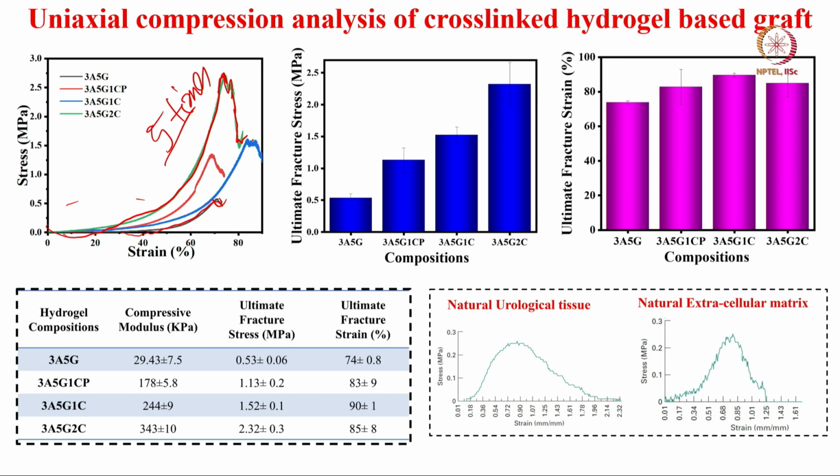In 3A5G 1C, strength increases modestly, like 3 times, 1.5 megapascal, although the strain to failure is a little higher, like 80%, whereas 3A5G 2C reduces to around 70% strain to failure. Normal urological tissue strength can go up to 0.2 megapascal, and natural extracellular matrix, ECM, can also go up to about 0.2 megapascal. So, strength wise, these synthetic scaffolds are much better than the natural scaffolds.